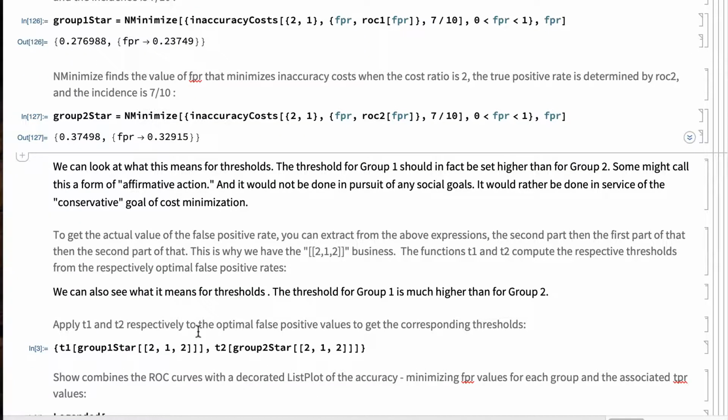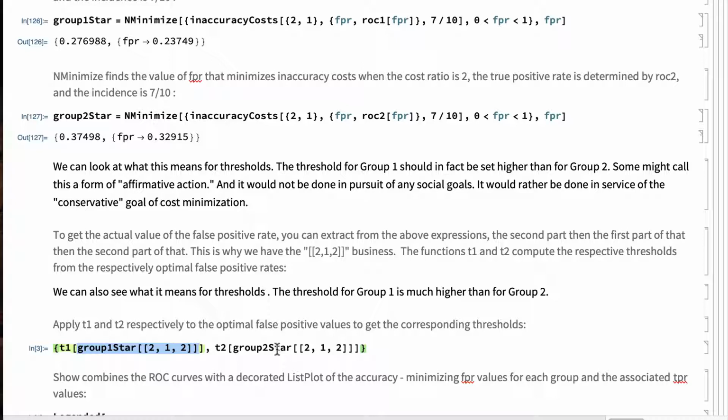For thresholds, what we can do is ask, what is the threshold, given T1, at this number, 0.23749. Why is that this 212 business? It's because we take the second part, and there's only one part to the second part, and then we take the second part of that. So that's what that 212 idiom is about.